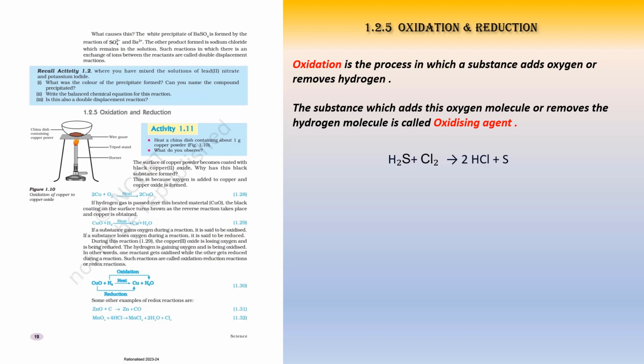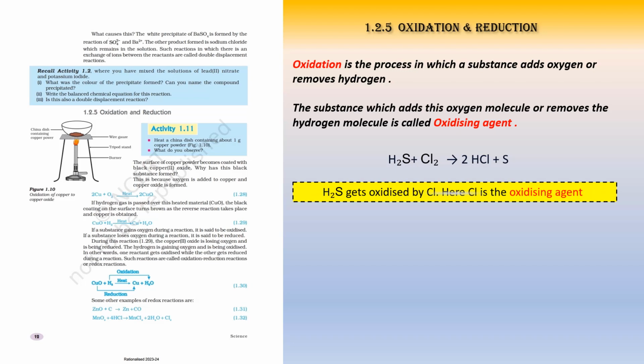Hydrogen sulfide plus chlorine forms hydrogen chloride plus sulfur. Now, if you observe, hydrogen sulfide loses the hydrogen atoms and forms sulfur. In this case, chlorine helps in the removal of hydrogen from hydrogen sulfide. So, chlorine acts as an oxidizing agent.